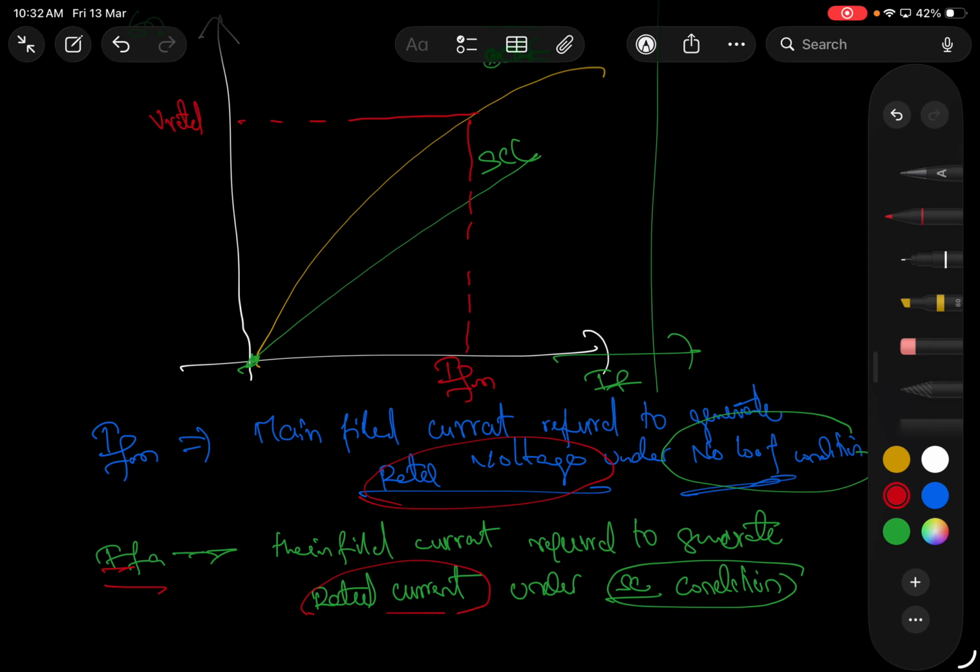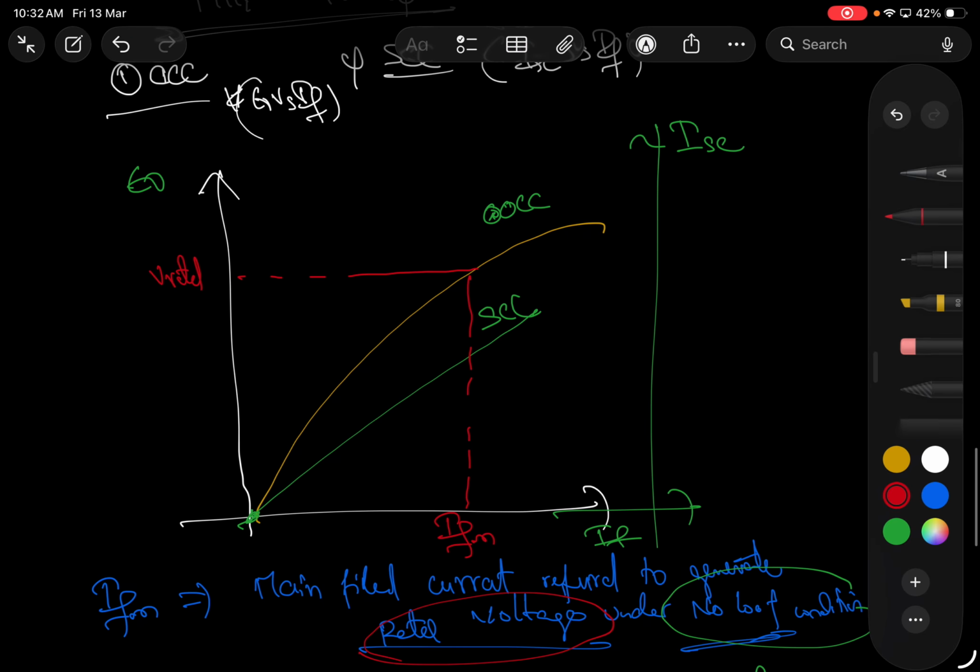So we have deliberately kept this on the right side so that you will be habituated. Let's assume this point is the rated current, which is nothing but the maximum load applied, 100% load. This point is the corresponding intersection point, and this point I am going to call IFA.